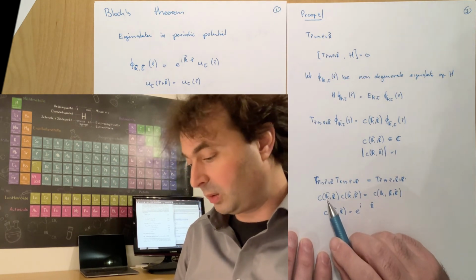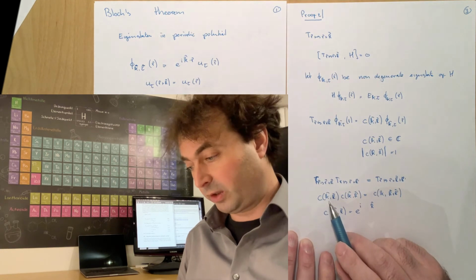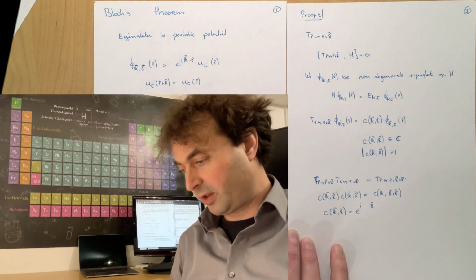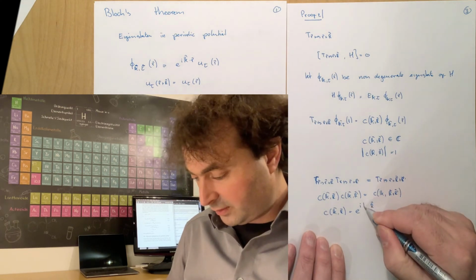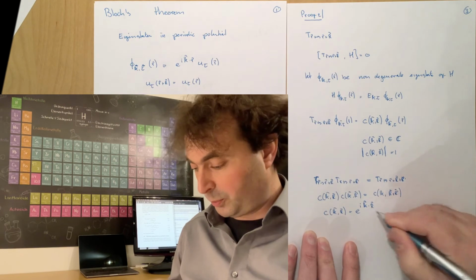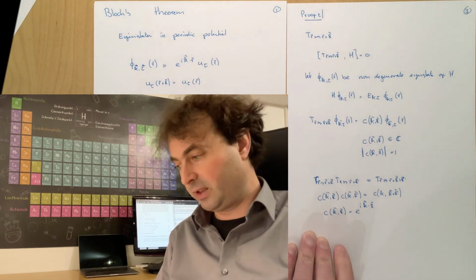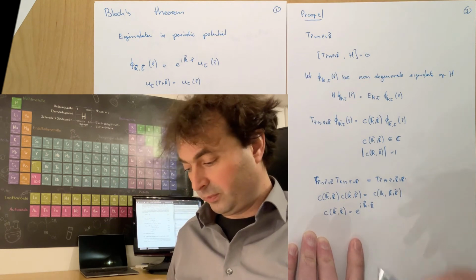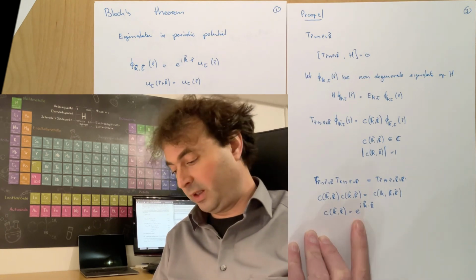And up to now we have not really defined what k is in our derivation. So we can say that k is the phase that you pick up when you make a translation. And we are free to define what k is.